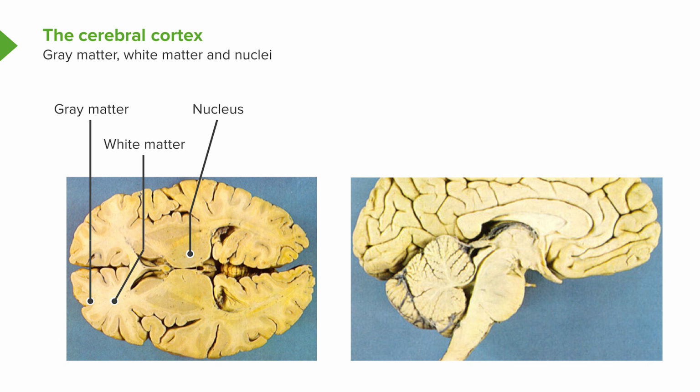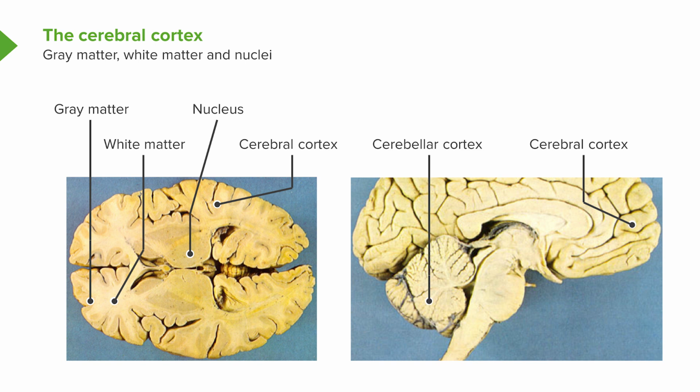Now, when we refer to the cerebral cortex and also the cerebellar cortex, we really mean the grey matter of the brain. There's the cerebral cortex shown on the right-hand side. It happens to be part of the frontal lobe of the brain. And there's the cerebellar cortex at the back or base part of the brain.